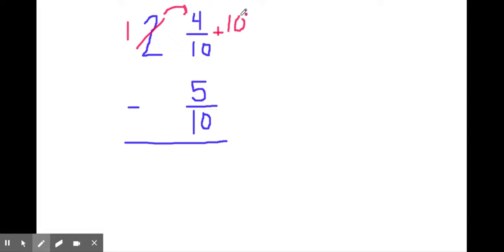And what's 1 as a fraction when speaking of tenths? Yes, it is 10 over 10, which is the same as 1. Now, we have to add these two fractions, which is going to give us 14 over 10. And now we can subtract this mixed number and fraction.